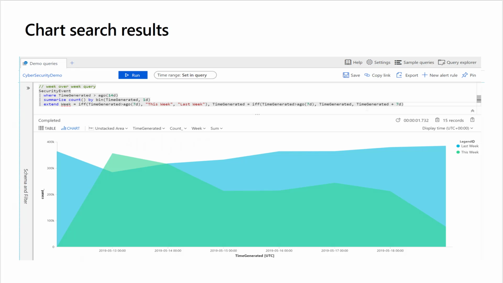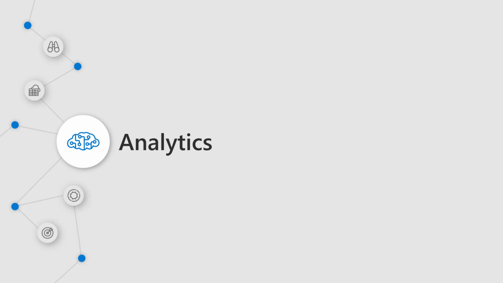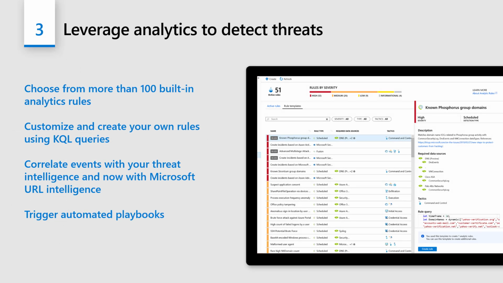So having collected and visualized, we then want to look at how to analyze our solutions. Over 100 analytical built-in rules, from informational to low to medium to high severity attacks or alerts. And you can build your own rules using Kusto query language as well.